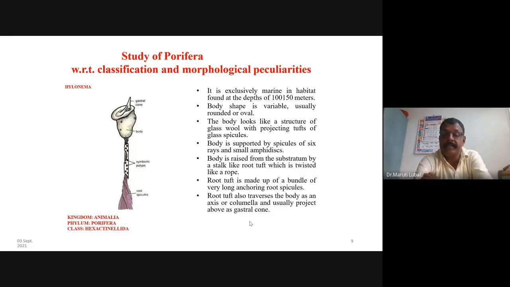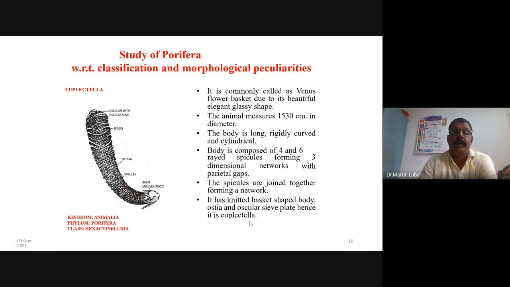The body is raised from the substratum by a stalk-like root tuft, which is twisted like a rope. Root tuft is made up of a bundle of very long anchoring root spicules. Root tufts also traverse the body as an axis or the columella and usually project above the gastral cones. These are the morphological peculiarities of the Hyalonema.